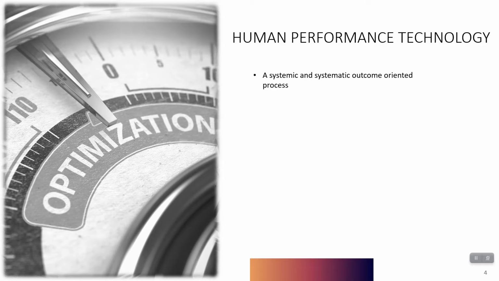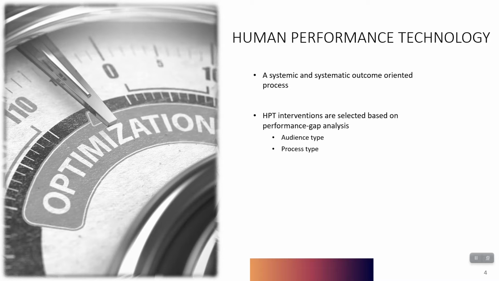Before implementing HPT into teaching and learning methodologies, educators must understand what HPT is and how it affects their online courses. There are multiple definitions of HPT, but according to Kane and Molenda, HPT is viewed as a systematic process that is outcome-oriented.